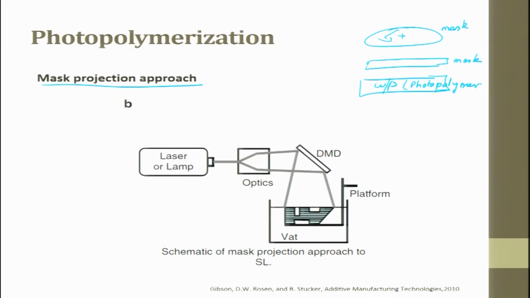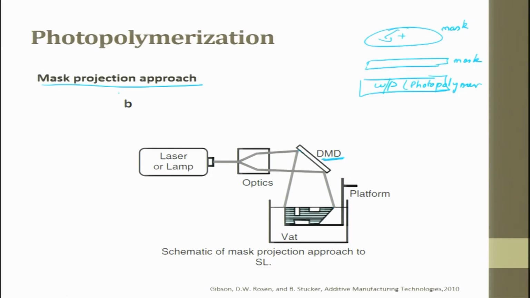But due to recent developments in electronics, we have DMDs. In a DMD you will have small mirrors placed like a galvo. The laser light passes through the optics and gets exposed, and this DMD will expose the complete layer as though there is a mask on top of it, on the photopolymer thin film, or the liquid whichever is there, and it cures it.